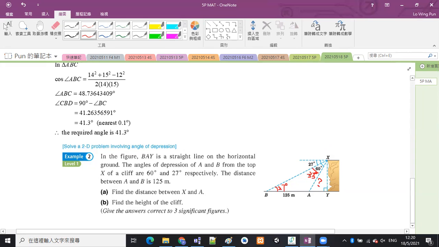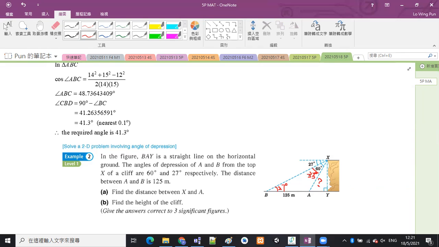Okay, so do we have sufficient information now to find the length of XA? Yes, because in triangle XAB we have three pieces of information, and we have one pair of corresponding length and angle. Yes. 125 meters and 33 degrees should be a pair of corresponding length and angle.